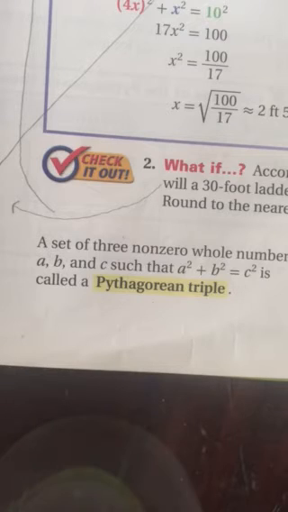So if you get a side that is a radical or a decimal or a fraction, then that combination of numbers, even if the other two are whole numbers, cannot create a Pythagorean triple. In a Pythagorean triple, all three must be whole numbers.